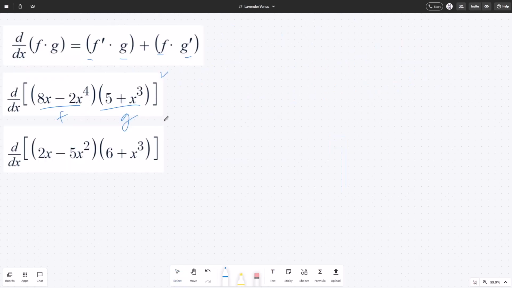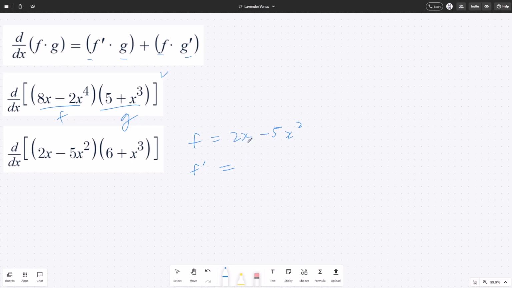For this next part, we have a second problem: the derivative of 2x minus 5x squared multiplied by 6 plus x cubed. Again, we have to get f and g separate. f is equal to 2x minus 5x squared, and I'm just going to do the derivative first.